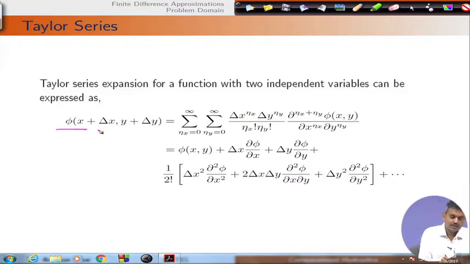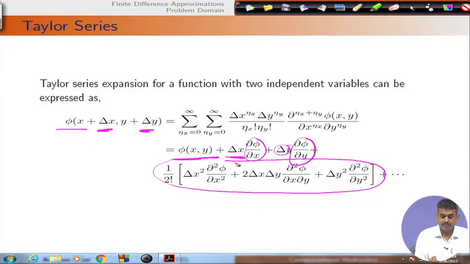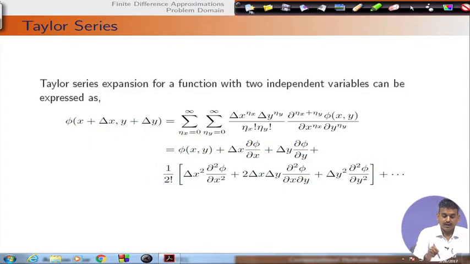So, with increment del x and del y in 2 directions, we can write phi(x, y) plus delta x into del phi by del x, delta y into del phi by del y, plus second order term. We can utilize this information to get the approximation of partial derivatives.